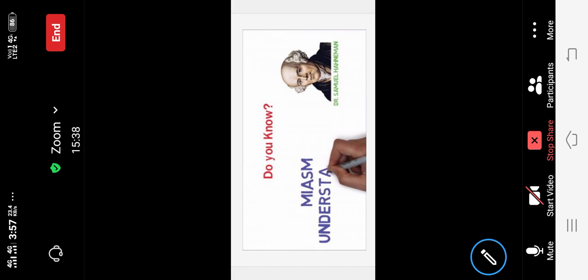Okay, and this is also from the theoretical point of view and the exam point of view. If you are asked about any miasm, you have to write these things in a theory exam. But in actually practicing homeopathy, the understanding of miasm is something different. This part you have to write in a theory exam.